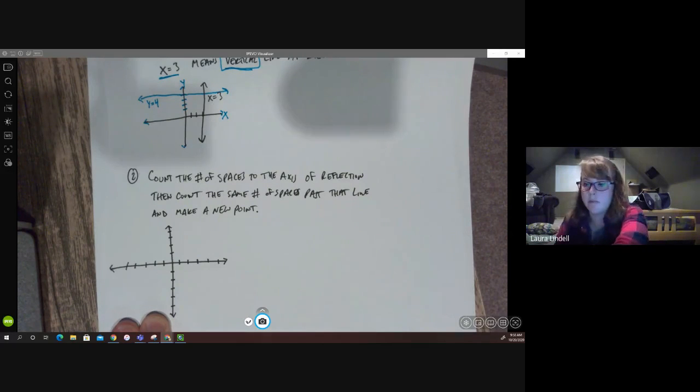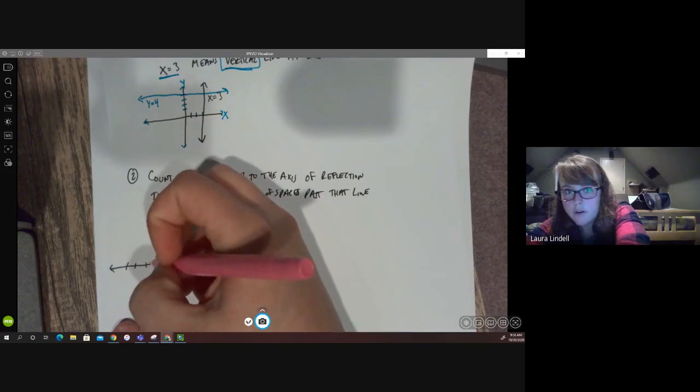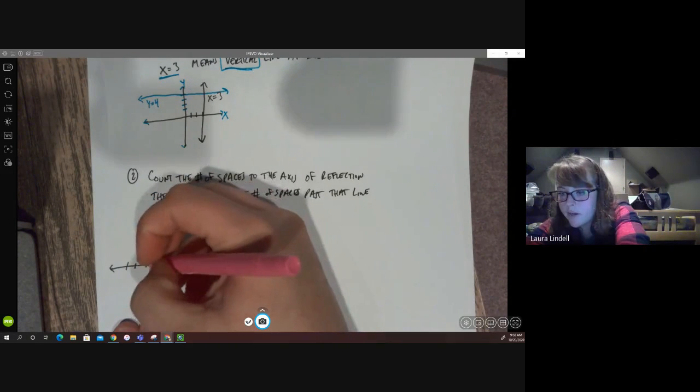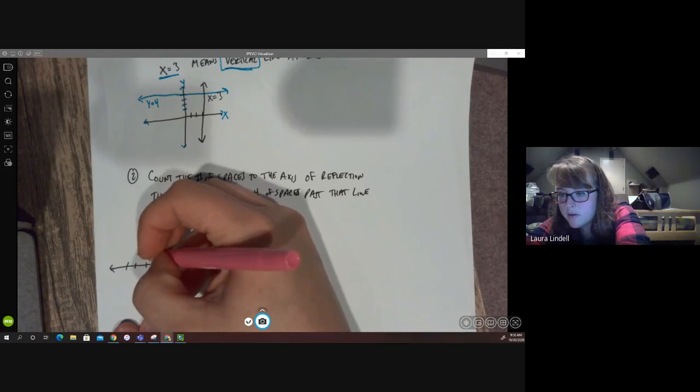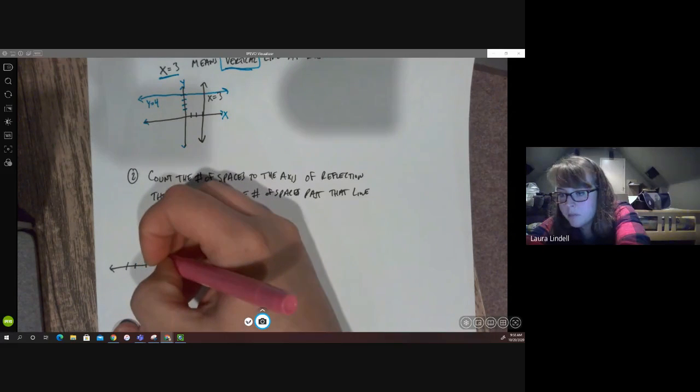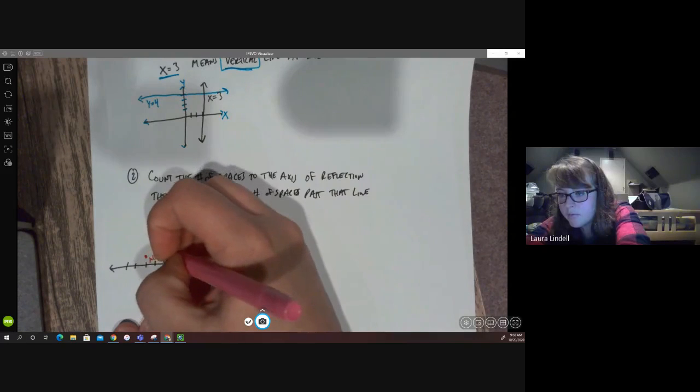My original shape is going to be ABC. Point A is -3, 1.